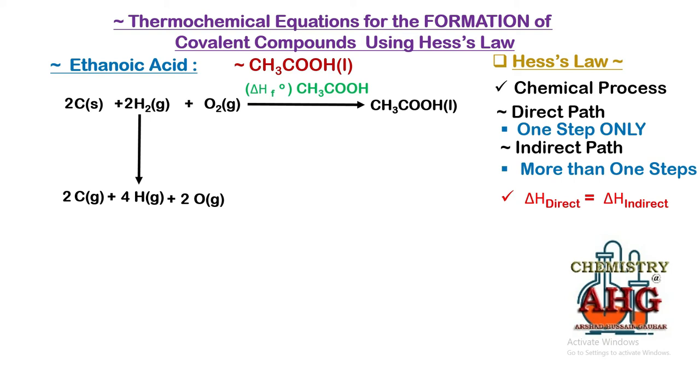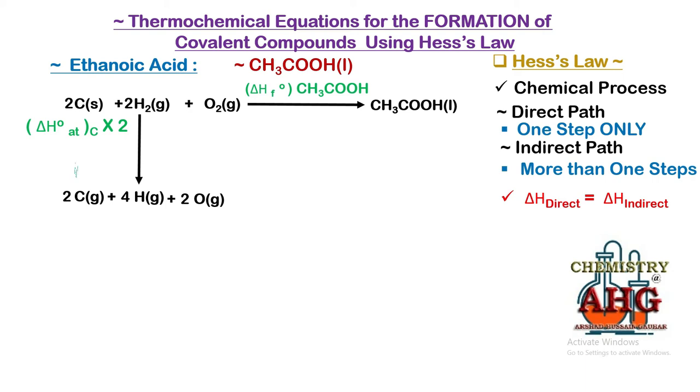So what next are we going to do? We are going to convert this equation into a thermochemical equation. How is that? Simply introduce the enthalpy change. For carbon, what is the enthalpy change known as? This enthalpy change, when a gaseous atom is produced, is known as atomization enthalpy. So you can write enthalpy change of atomization of carbon multiplied by 2, because there are 2 mole of carbon.